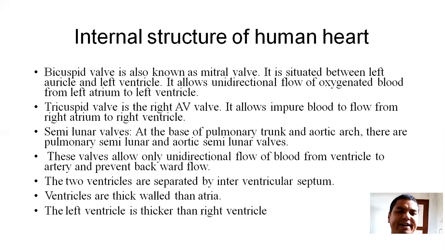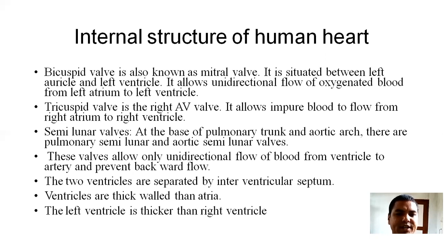The tricuspid valve is the right auriculoventricular valve, also called the AV valve. It allows impure blood to flow from the right atrium to the right ventricle. In our human heart, there is a semilunar valve in the pulmonary trunk.